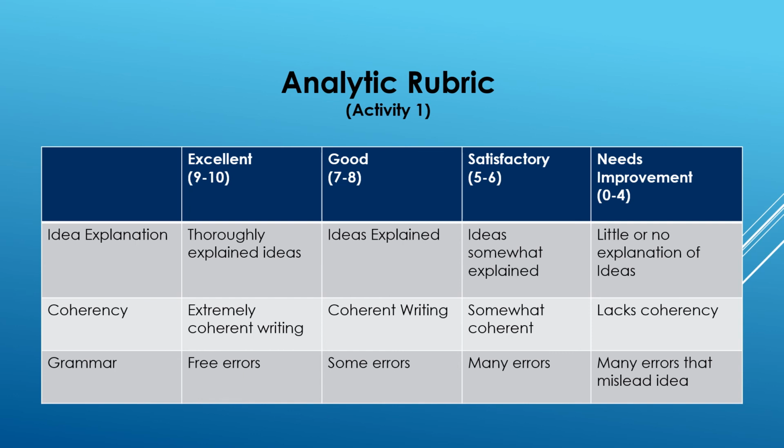The score is between 5 to 6 if your ideas are somewhat explained, somewhat coherent, you have many errors, and you need improvement. Your score is 0-4 if there is little or no explanation of ideas, it lacks coherency, and has many errors that mislead ideas. Okay, your scores will be based on this rubric.